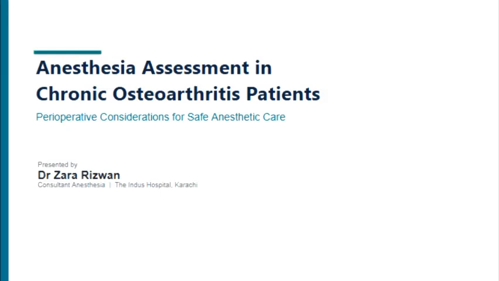Why does chronic osteoarthritis matter to the anesthetist? Well, whenever the patient presents for any joint or spine surgery, the major concern is that the population is quite older, they have limited mobility, they have issues related to chronic pain, and they have multiple comorbidities, which are usually present at that age.